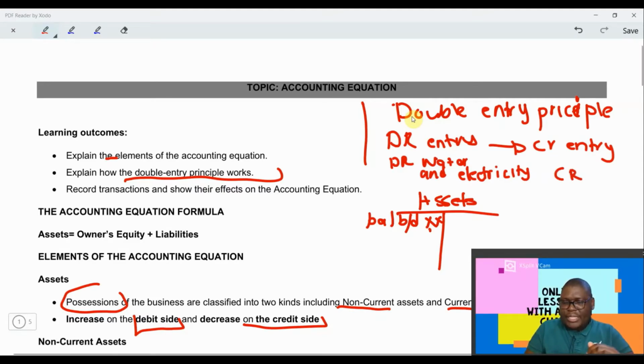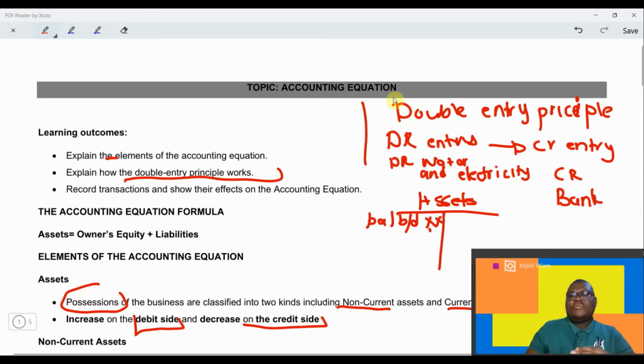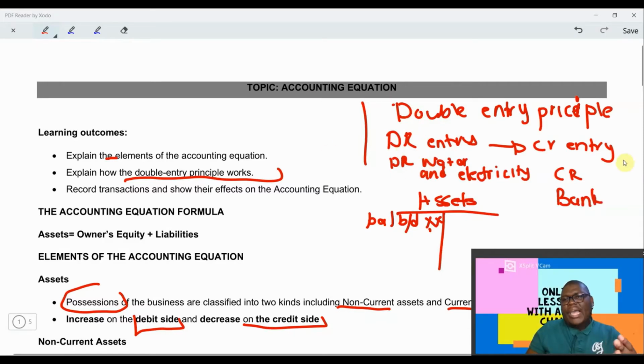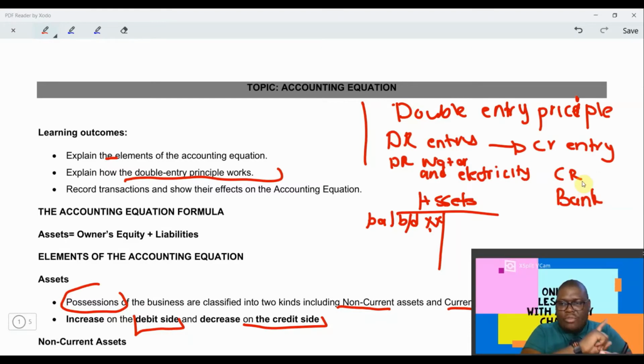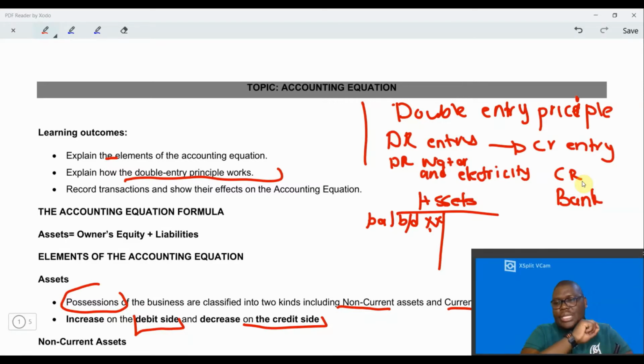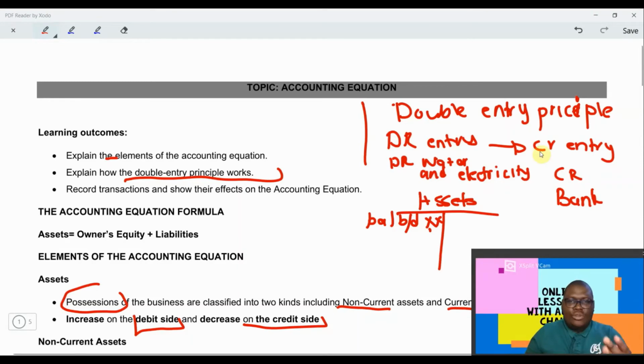So what I've done is that for each and every debit entry, I have a corresponding credit entry, and that's what the double entry principle wants you to do. If you are saying something must be debited, there has to be another account that will be credited, which is why I'm saying that you need to understand the accounting equation when you do all these things.